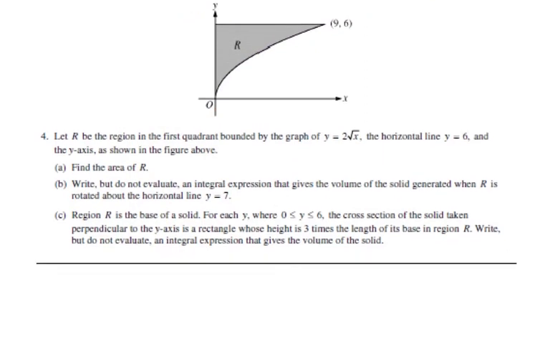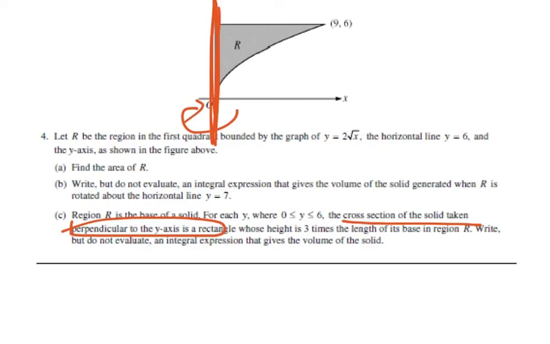This one is still cross section, right? But now it is perpendicular to the y-axis. So this is the axis that we want, the y-axis. Whenever we use the y-axis, it's a vertical rotation, so I need to solve my function for x.